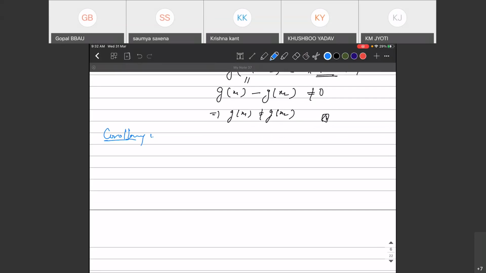So we have a normed linear space. And if f(x) equal to 0 for all f in the dual space of X, then x equal to 0.